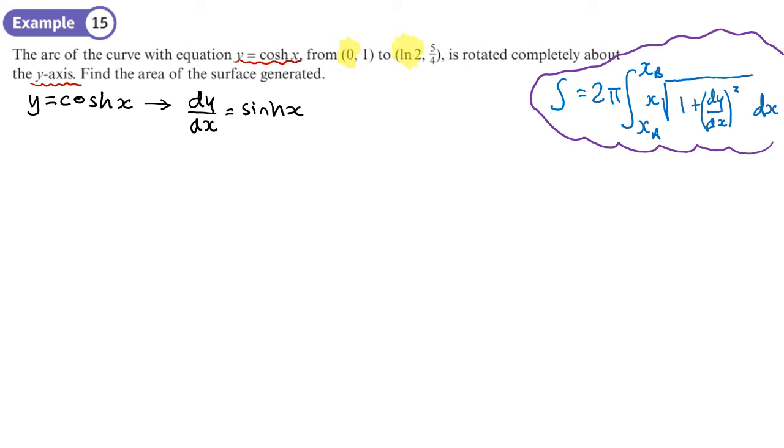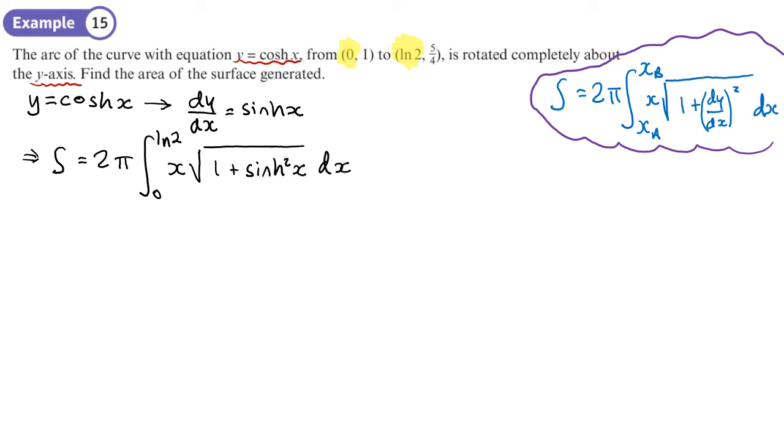So let's do that. And what we'll have is the surface area of revolution is 2 pi, limits of 0 and log 2, and then x times by the square root of 1 plus sinh squared x dx.